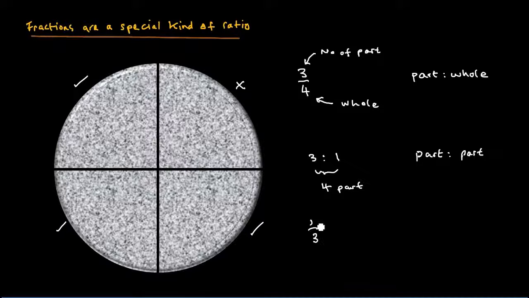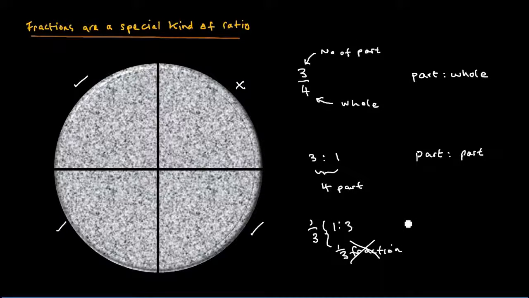Order matters, but we can read from right to left. So a 1 to 3 ratio, but let's say I thought it was a fraction. Well, clearly then I would be wrong, because I haven't divided it into thirds. I have divided it into fourths. So that in fact means 1 to 3. It doesn't mean 1/3 as a fraction. So it doesn't mean that.